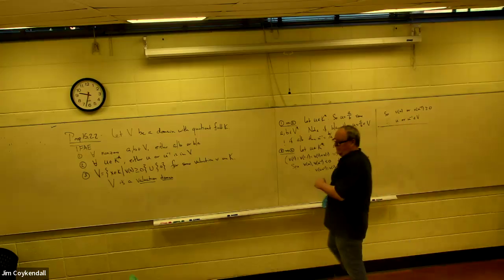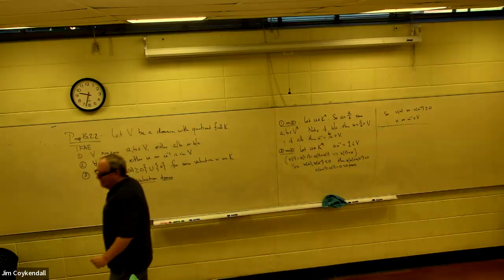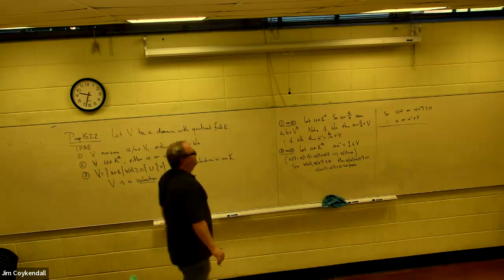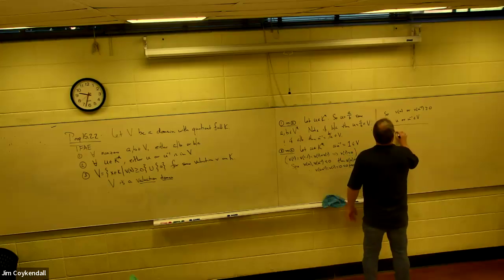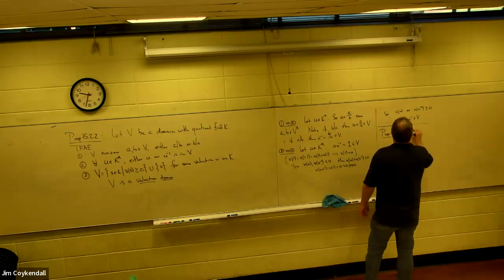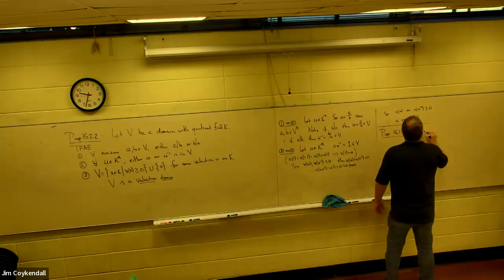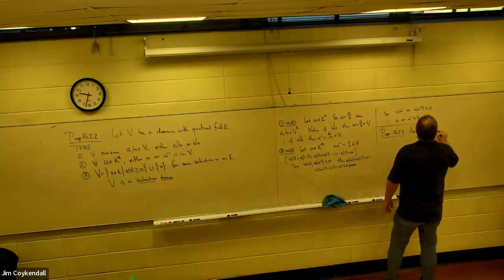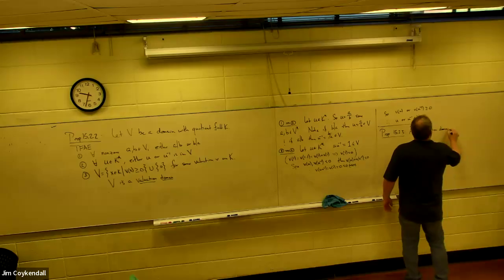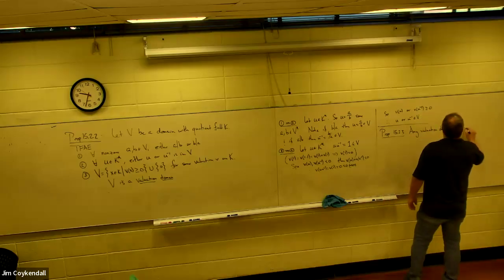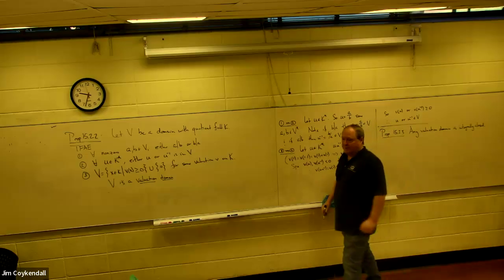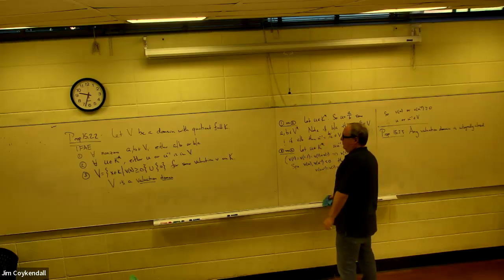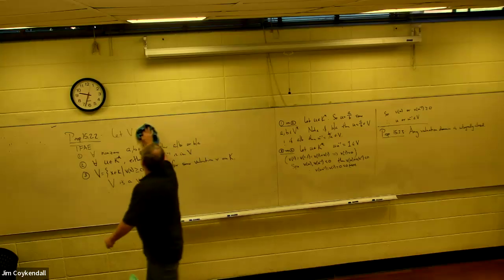Okay, but here's the first bit. So I'm going to call this proposition 15.2.3. Any valuation domain is integrally closed. And this is one of the things that makes valuation domains just so important.